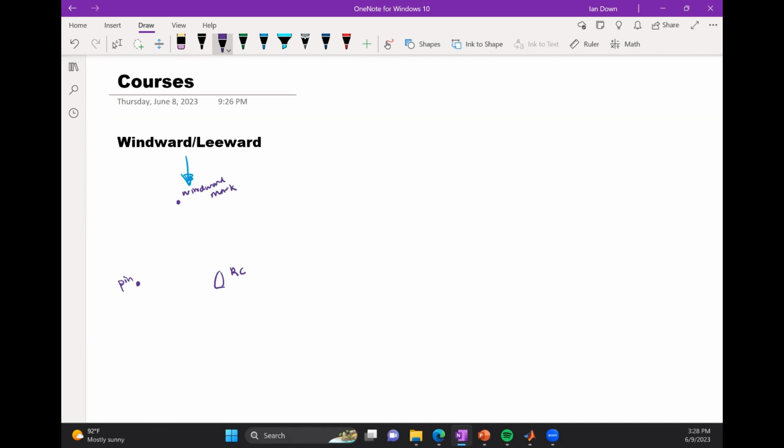And then we have our leeward mark, or sometimes called C mark. Now on the RC boat, there's usually a flagpole or some identifier that race committee will let you know, which combined with a pin forms the imaginary starting line. And that's pretty much the windward leeward course.